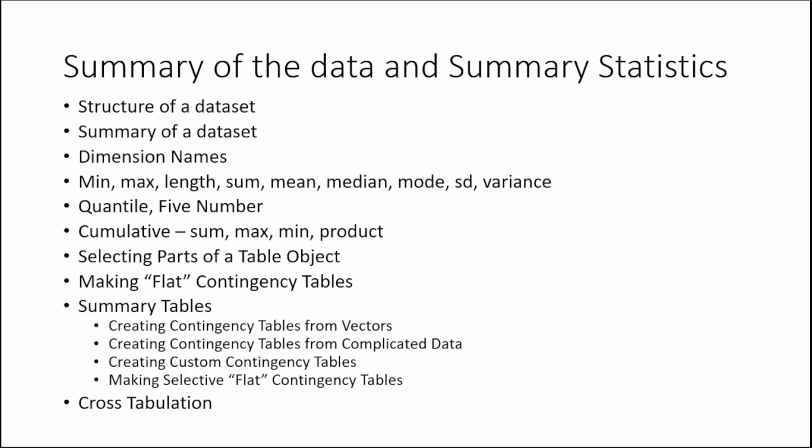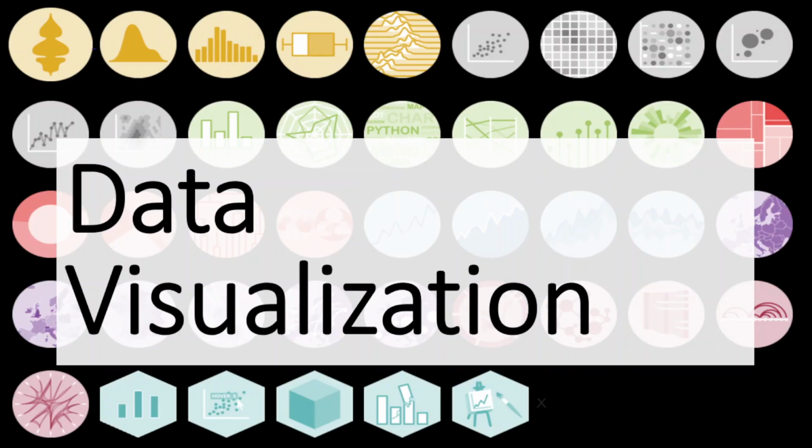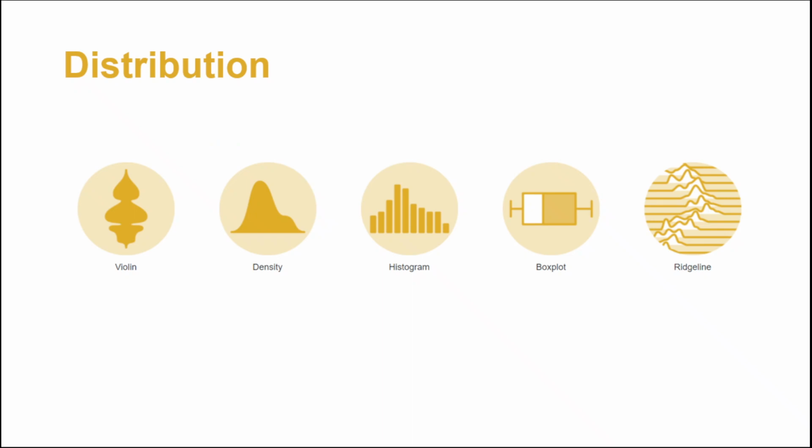There is something called summary statistics. Data visualization is also possible with R Studio. R Studio is basically meant for the visualization of statistical models, and EDA is closely related to statistics.